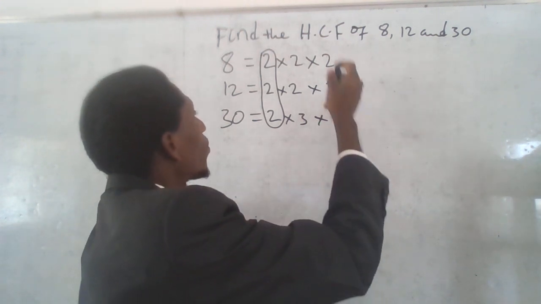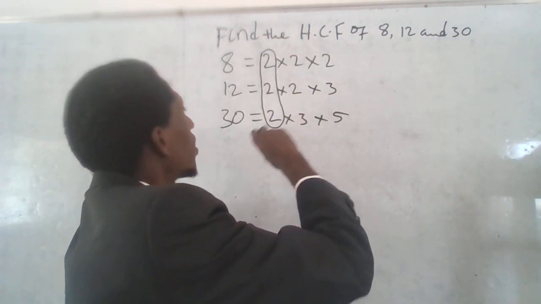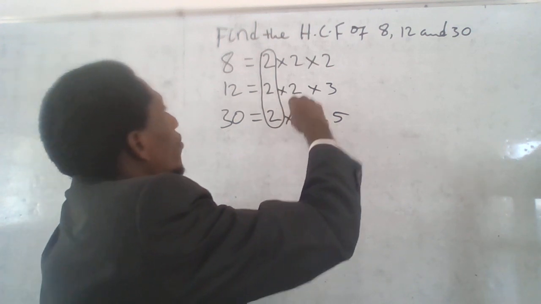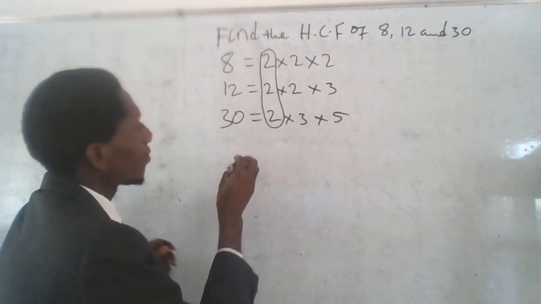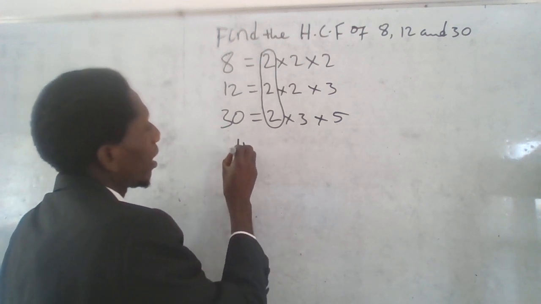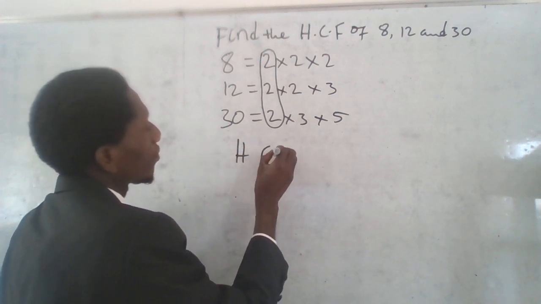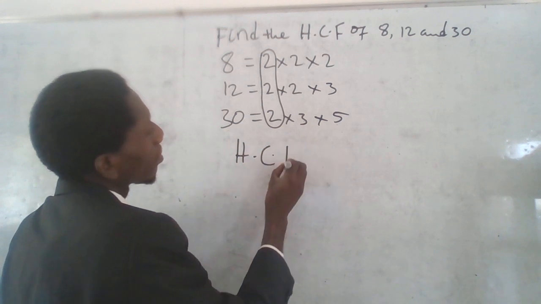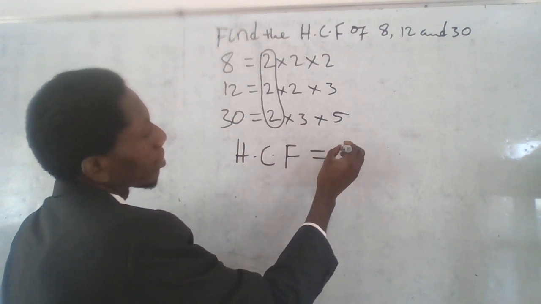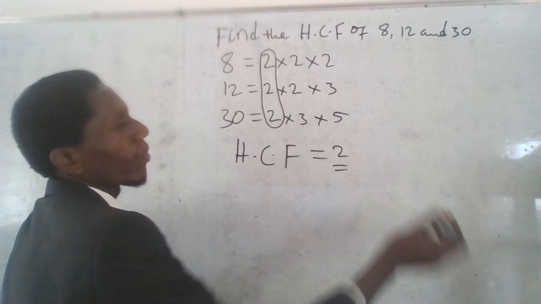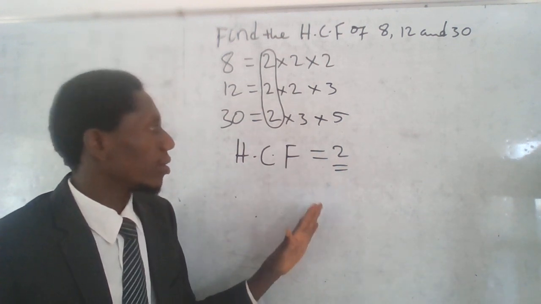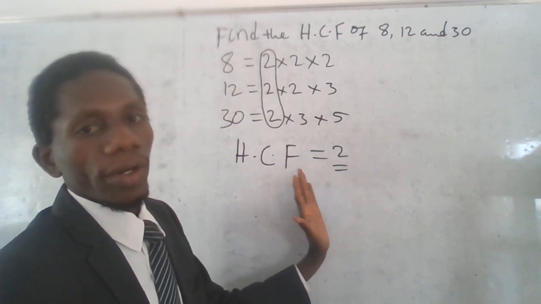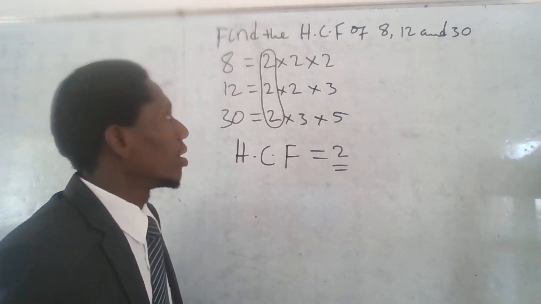And 5 can go into 30, but it cannot go into 12 and 8 without a remainder. So we have our highest common factor to be 2. Alright, so that is all for this one. 2 here is our answer.